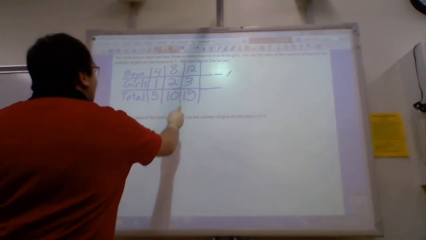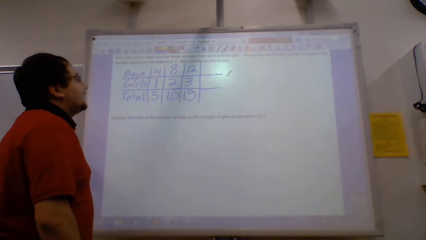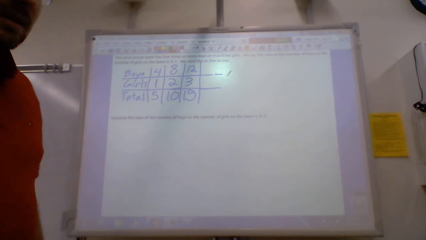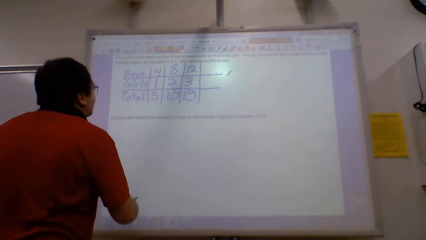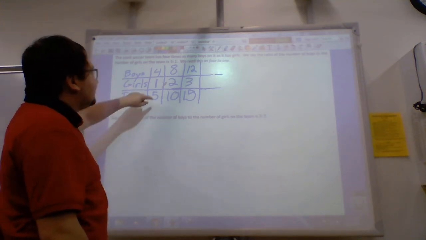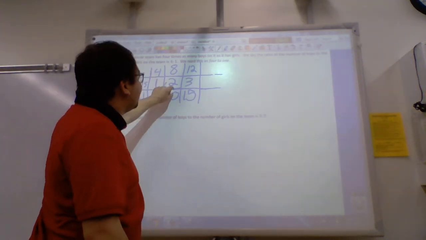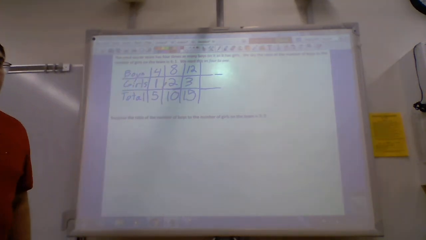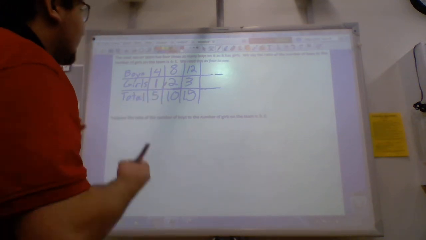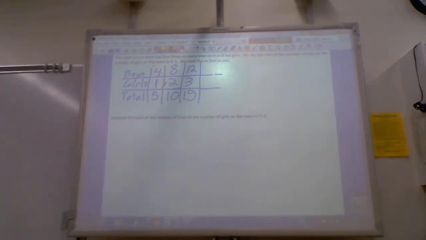Every single time we go up 1 here, we go up another 4 on the other one. We're not just multiplying by 2 every time. Every time we get 1 more girl, we get 4 more boys.